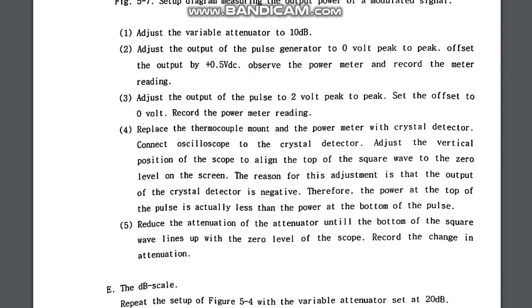Then replace the thermocouple mount and the power meter with a crystal detector. Connect an oscilloscope to the crystal detector. Adjust the vertical position of the scope to align the top of the square wave to the zero level on the screen. The reason for this adjustment is that the output of the crystal detector is negative, therefore the power at the top of the pulse is actually less than the power at the bottom of the pulse.